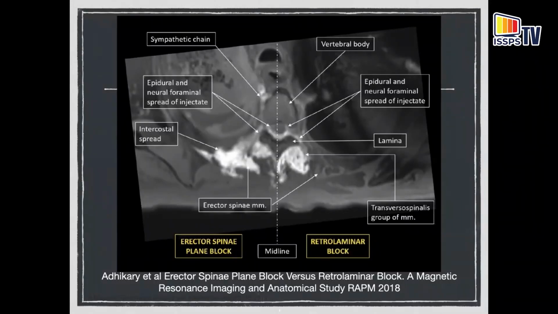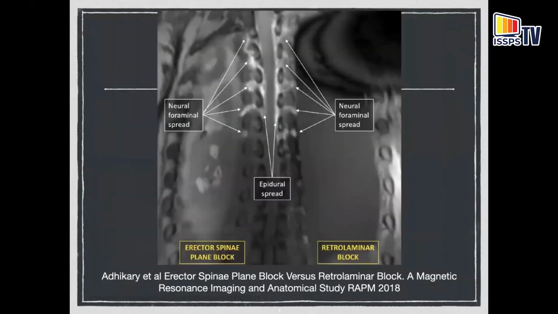Because in the previous 3 anatomical studies, there was no direct involvement of the dye into the intercostal space. It was confined to the posterior border. And here's another image where it shows very clear spread of the gadolinium containing injectate to the neural foramina and to the epidural space.